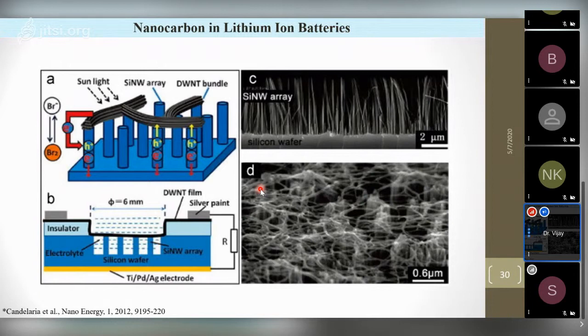So this is one possibility, combining silicon nanowires and carbon nanotubes. They have used double-wall nanotube bundles instead of single or multi-wall carbon nanotubes for a reason. It should not hinder the incoming ions, so there should be more open space. At the same time, it should have some enhanced capability compared to multi-wall carbon nanotubes.